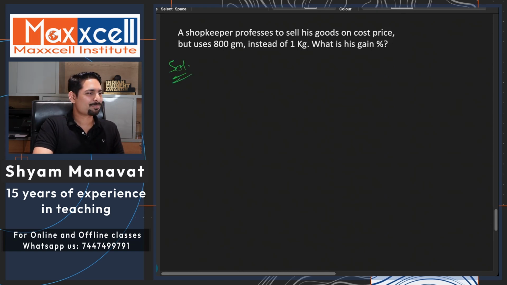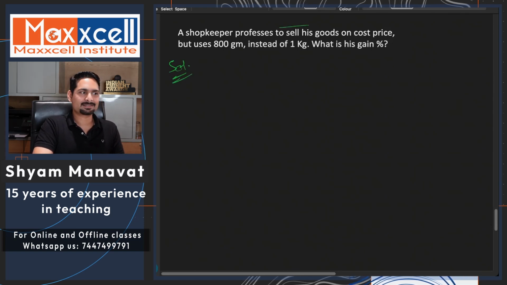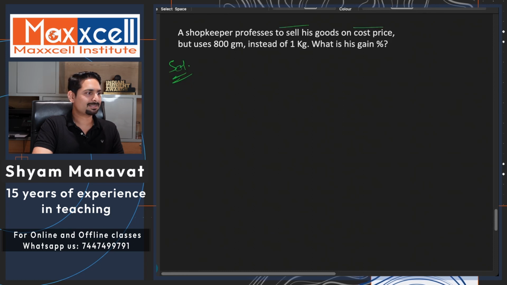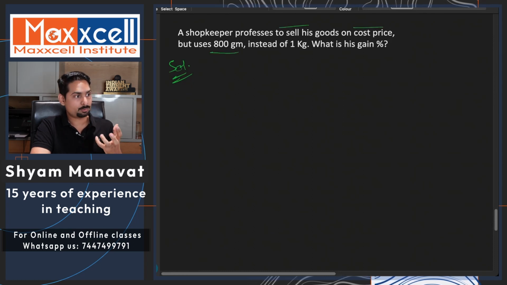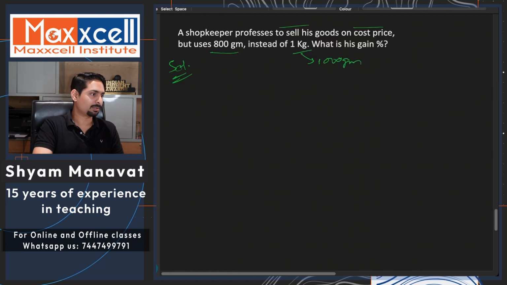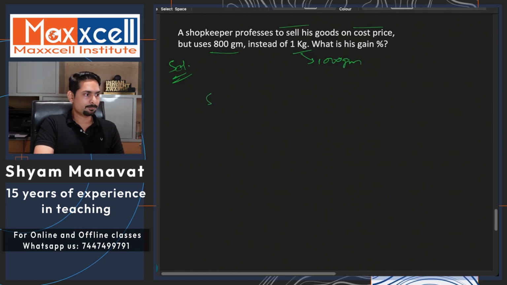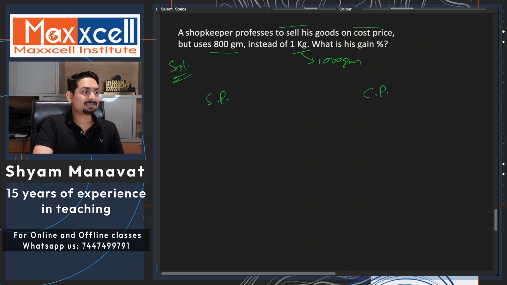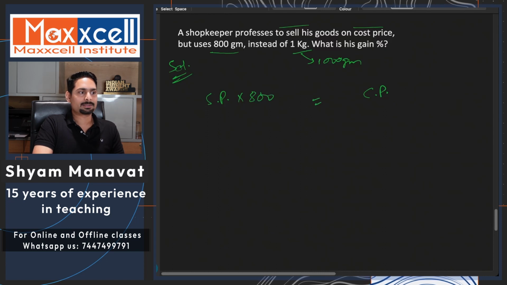Okay, so here it says again, sell his goods on cost price, but this time the weight used is 800 grams instead of 1 kg, which is nothing but 1000 gram. Make sure that you make the units equal. Selling price equal to cost price, but selling only 800 grams instead of 1 kg.